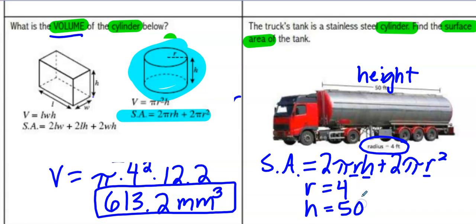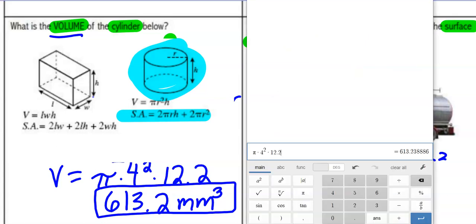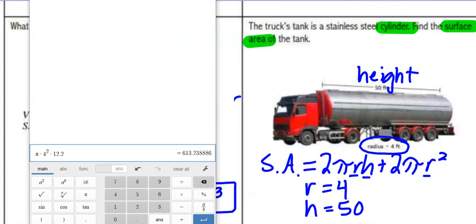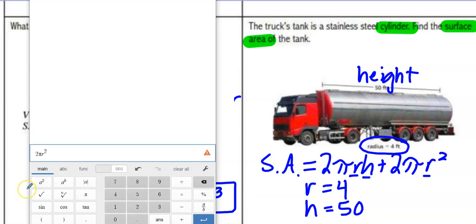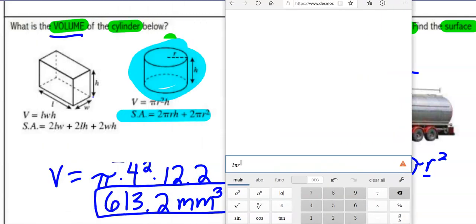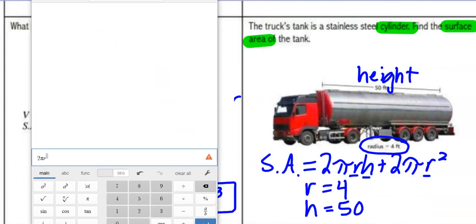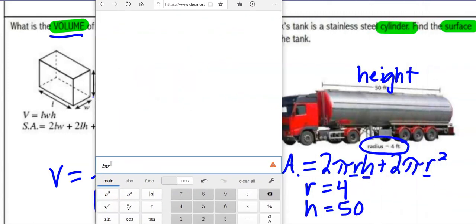This time I'm going to use Desmos by plugging in our formula. So if I grab my Desmos calculator, move it over here, and clear it out, I'm just going to type in the formula for surface area: 2 pi r h plus 2 pi r squared.